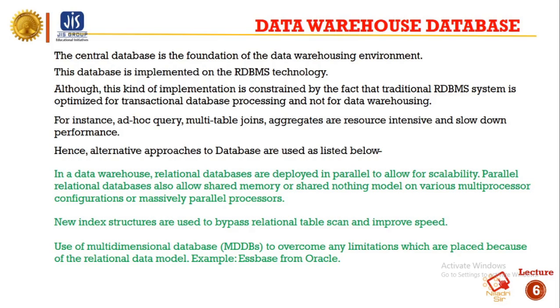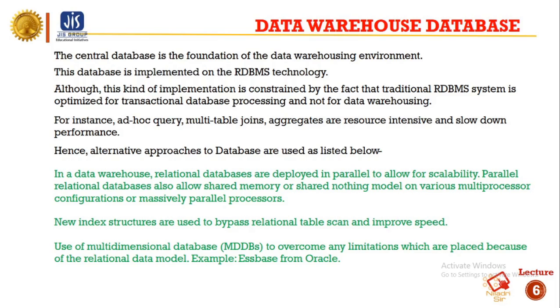Hence, alternative approaches to database are used as listed below. In a data warehouse, relational databases are deployed in parallel to allow for scalability. Parallel relational databases allow shared memory or shared nothing models on various multiprocessor configurations or massively parallel processors.